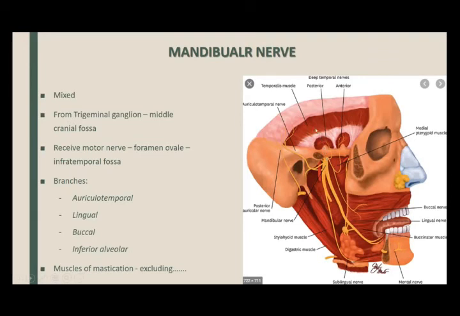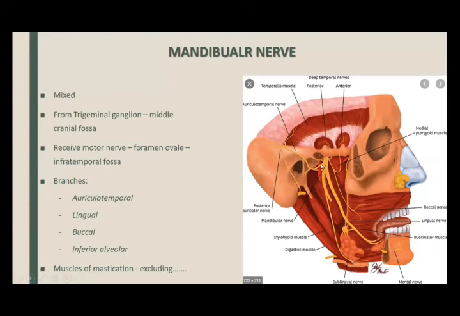It receives the motor component at the foramen ovale, and then it becomes a mixed cranial nerve. This nerve comes out of the middle cranial fossa through the foramen ovale and comes into the infratemporal fossa.